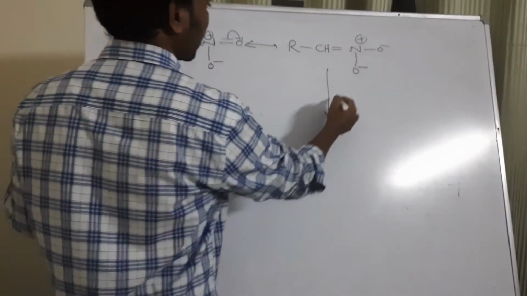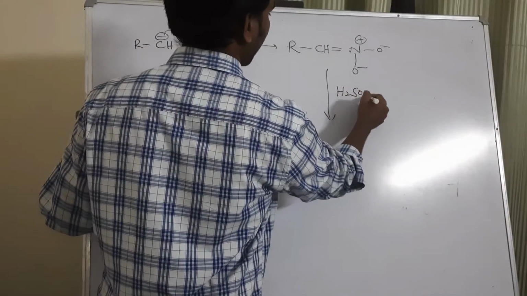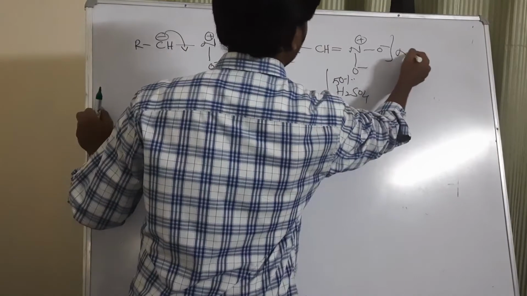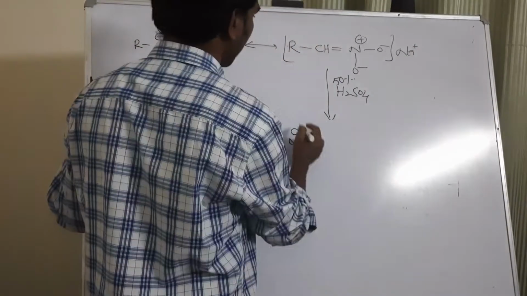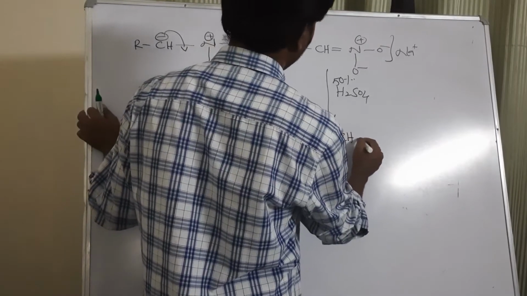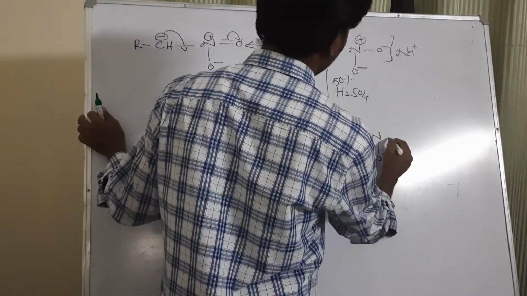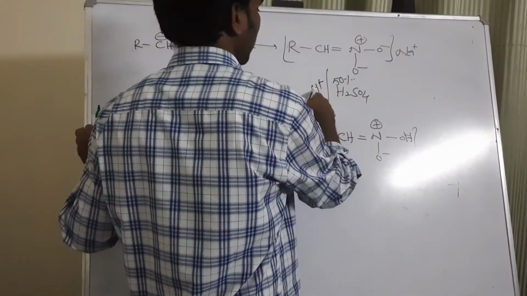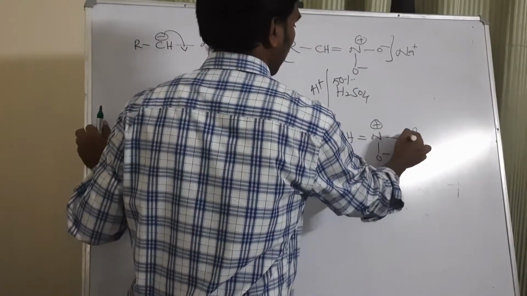When it is reacting with 50% of H2SO4, 2 moles of H will be connected to here.